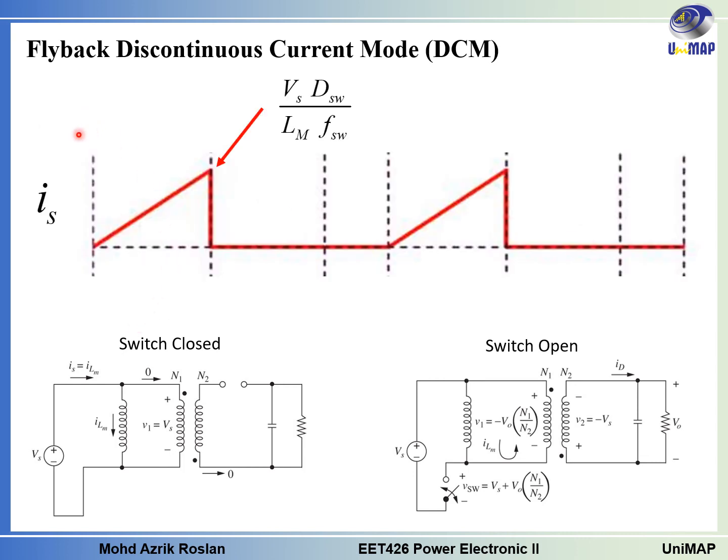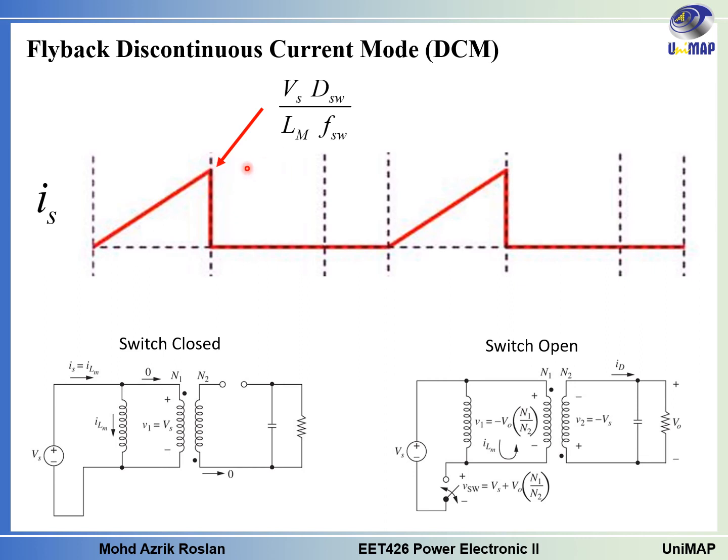We are now looking at the input current for the flyback converter under the DCM mode, and you can see that the current will increase from 0 as well, and it will reach some value here, which is the same as Ilm Max, the Ilm during the switch turn on.